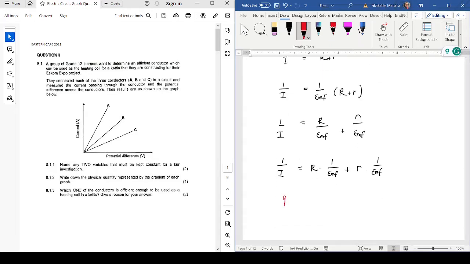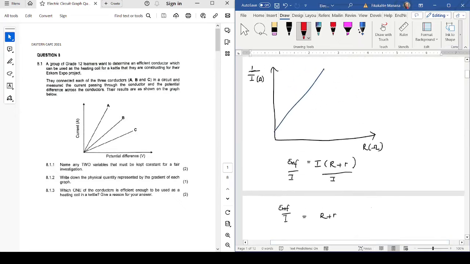So you have a y, and that's x. Maybe let me put the R this side. Change things up a bit. So I would have x. So basically this would be my gradient. y is equal to mx plus b, and I hope you see that.